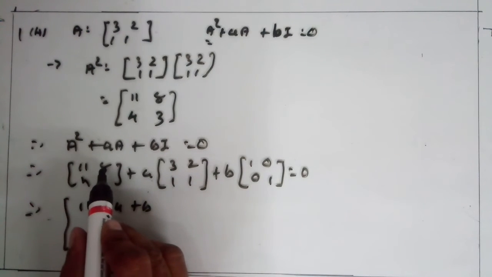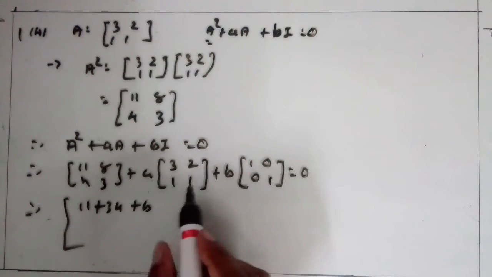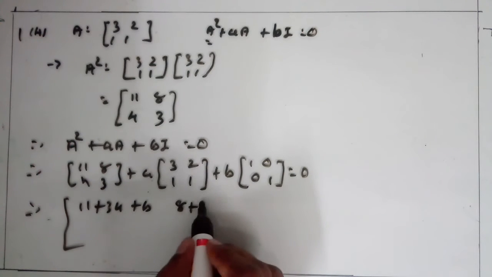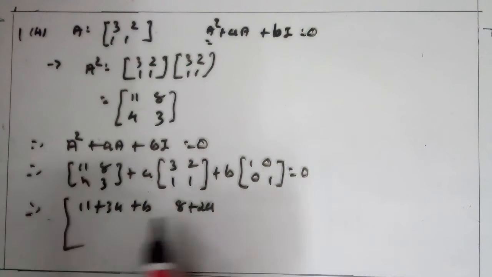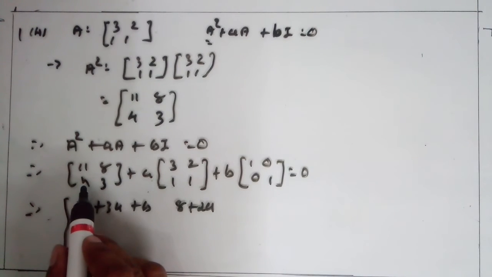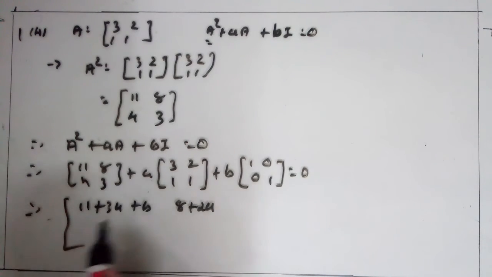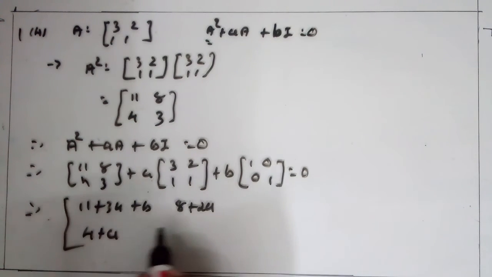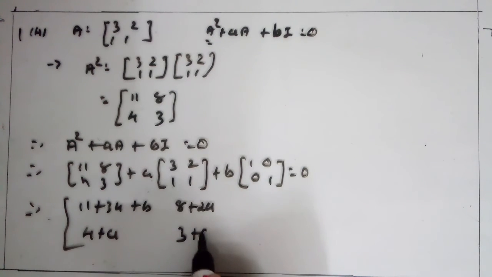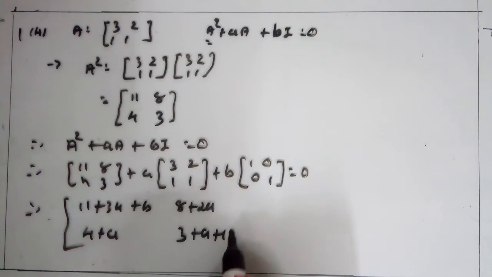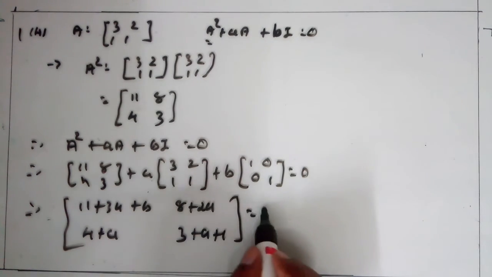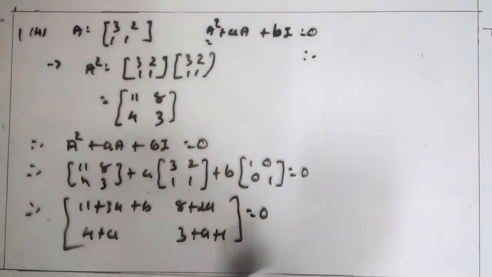Similarly 8 plus 2a, 8 plus 2a plus 0 into b, that is 0. Similarly 4 plus a into 1, that is 4 plus a, and here 0. 3 plus a, and the last is 1 plus 1. Clear? Equal to 0.